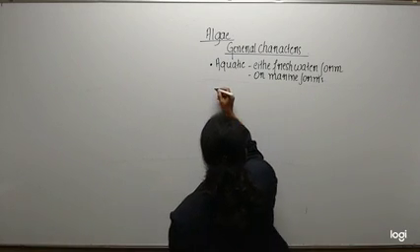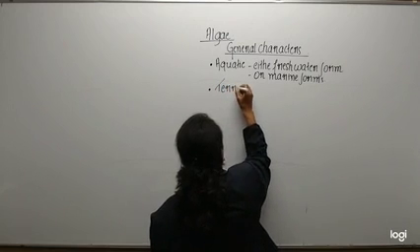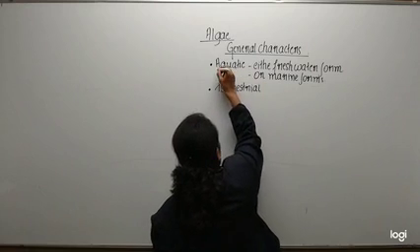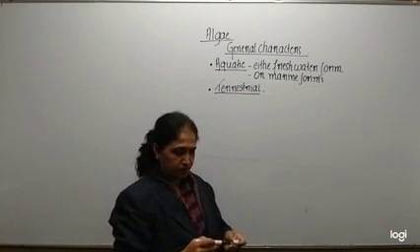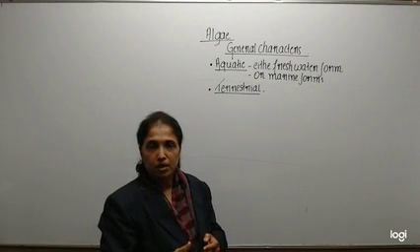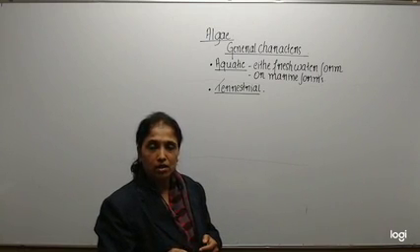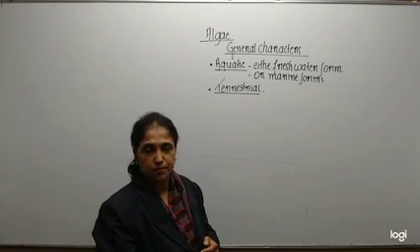Even some of these are terrestrial. We find terrestrial forms. Terrestrial represents algae growing on soil, but here it is growing on damp or wet soil where there is more moisture content or water present.